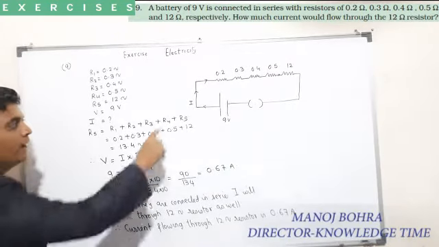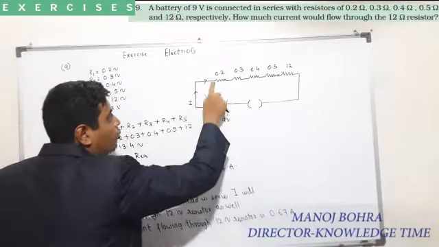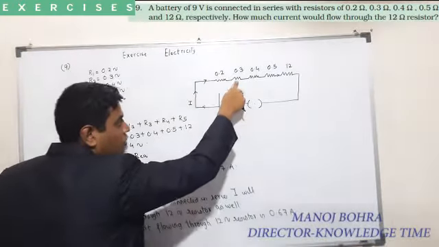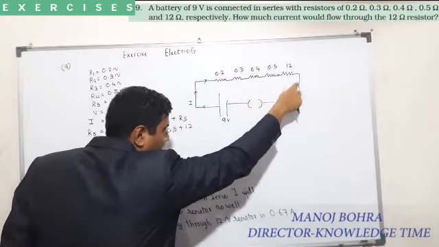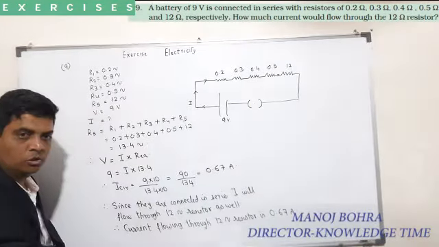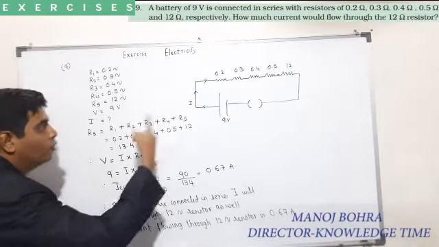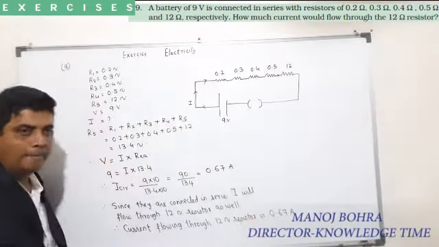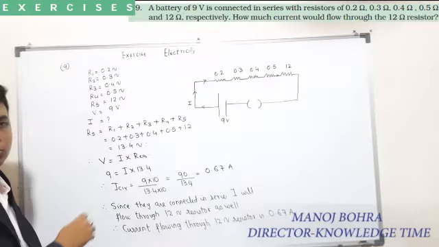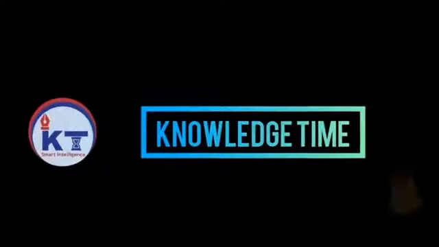Okay, so now you get this I. This same I is going to get into 0.2, 0.3, 0.4, 0.5, 12 and it will again come back. So your I in the 12 ohm resistor will be same. It will be 0.67 ampere. Okay, please note down this sum.